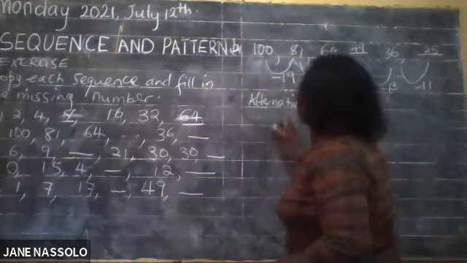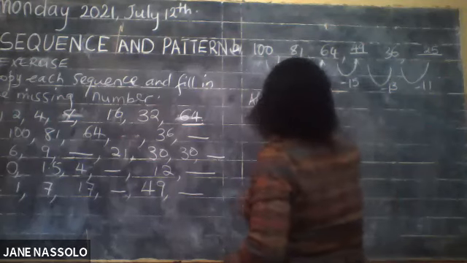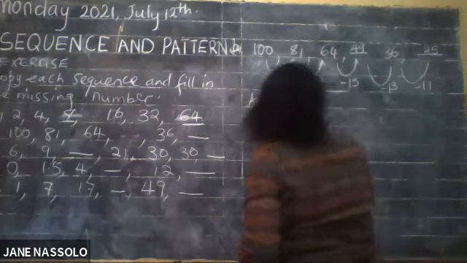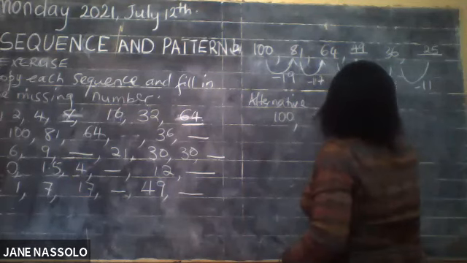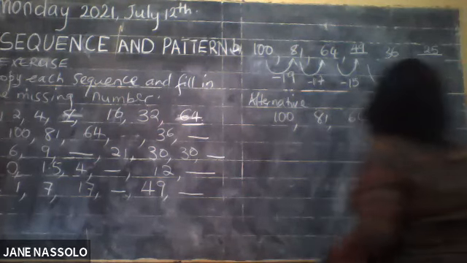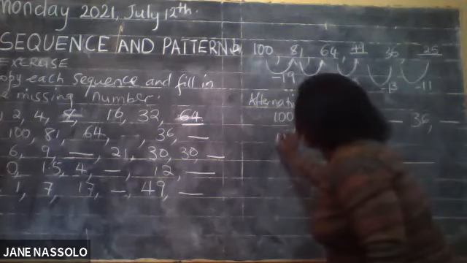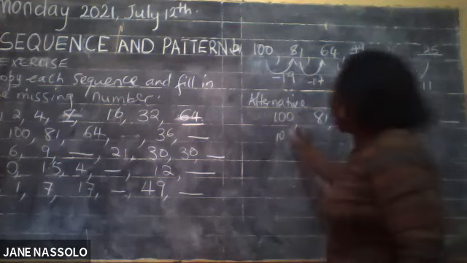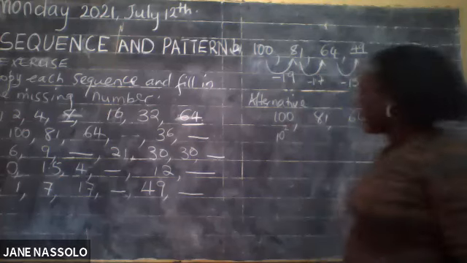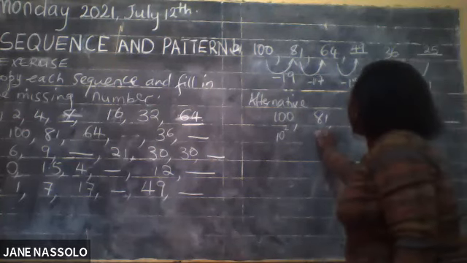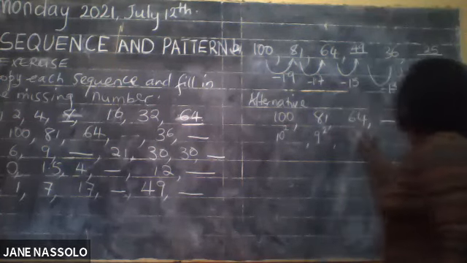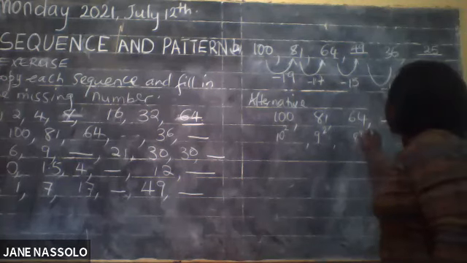We have 100. We have 81. We have 64. Dash 36 dash. So according to Babie, these are square numbers. 10 squared, 9 squared, 8 squared.